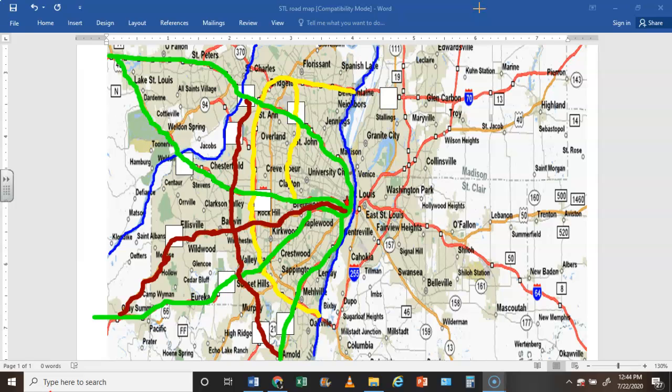So 7th Street, 11th Street, 14th Street, all of those are north-south roads in downtown St. Louis. The east-west streets downtown, like Chestnut, Walnut, Olive, are, as you've been able to tell, named after trees. So the tree streets downtown are east-west, and the numbered streets are north-south.